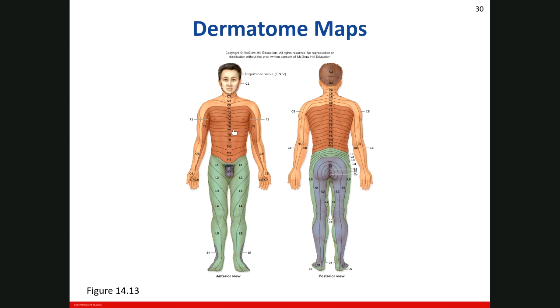Or here in your chest, you have these parallel strips, and each part is innervated by a specific spinal nerve. So if we have any problem, for example, in our inner thigh, it means that our L2 or L3 has a problem, maybe we have pressure on the nerves, maybe we have a disconnection, so these parts become numb or we have a problem of sensation here.